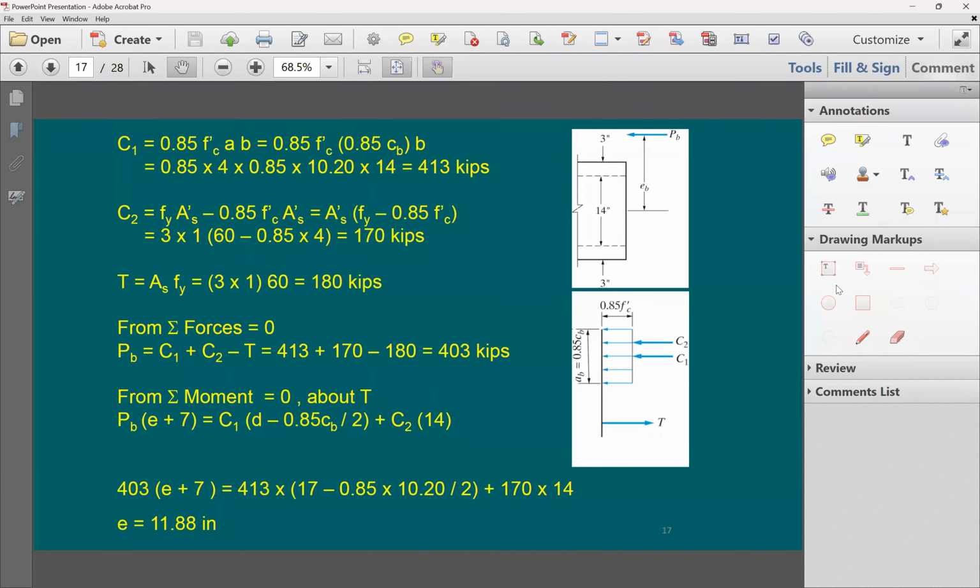Just throw in any numbers. I'm going to say this is 8 feet. This column is a foot. How much is to the right? How much is to the left? You can say 8 minus 1 is how much? 7. You have 3.5, 3.5. So it's going to be 3.5 feet, 3.5 feet. Just come up with any numbers.